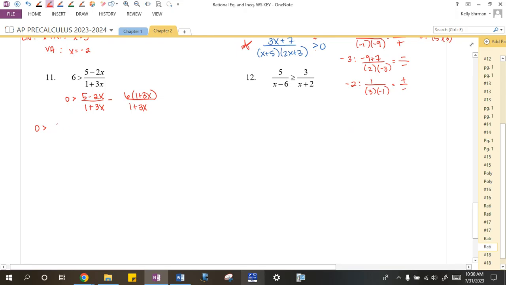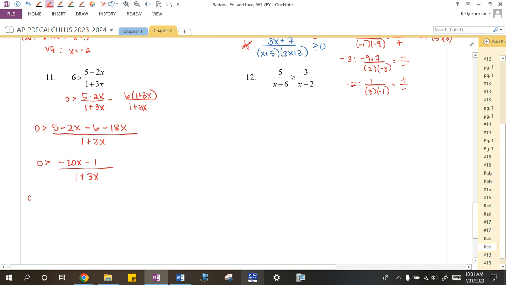so that we can get this together. So 5 minus 2x, distribute a -6 through. So -6 minus 18x, all over 1 plus 3x. 0 is greater than, let's see, so -20x, and then 5 minus 6 is -1, over 1 plus 3x.